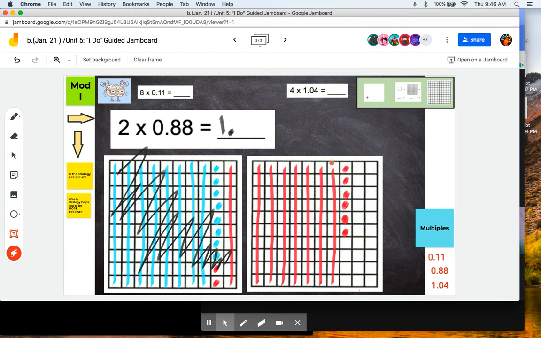I have 7 tenths. And how many hundredths left over? 1, 2, 3, 4, 5, 6. 6 hundredths.